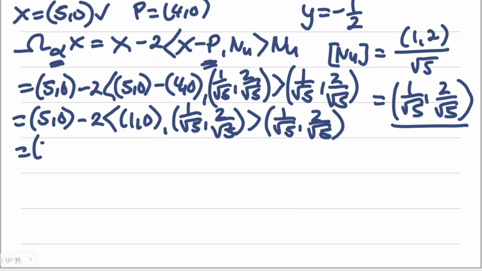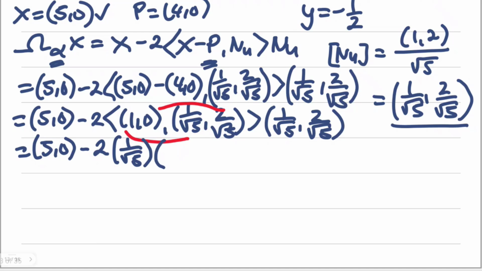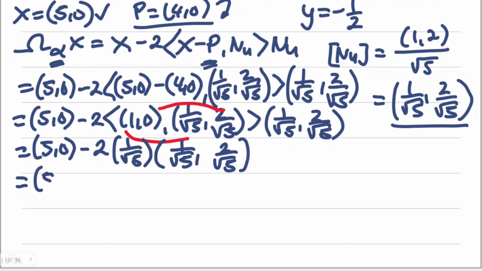To continue, you have 5 and 0 minus 2. And of course, for the inner product, simply multiply the corresponding components and add them. Take note that the result here would be a scalar. So 1 times 1 over square root of 5 is just 1 over square root of 5, and 0 times the other is just 0. So your unit normal vector would still be continued here. Here we have 5 and 0.